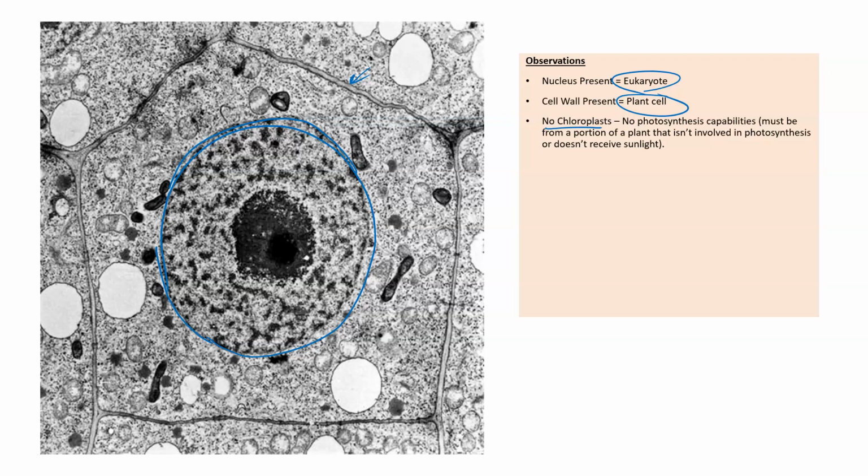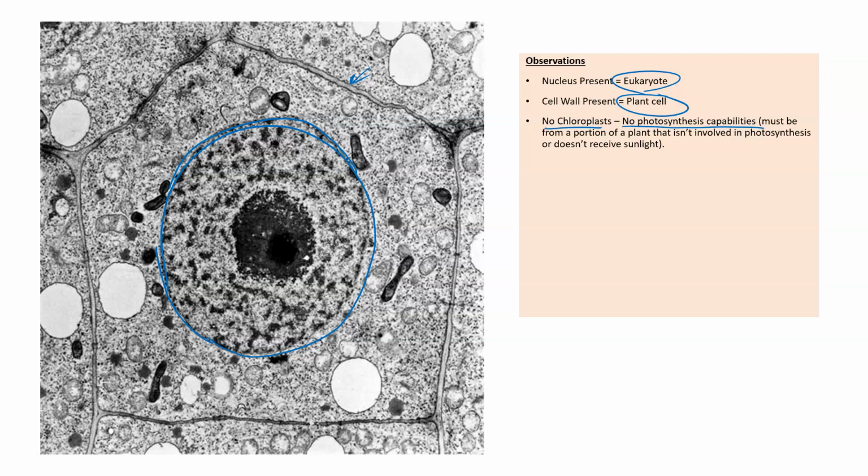Well, if there are no chloroplasts, there's likely no photosynthetic capabilities, right? So it has to be a cell from a plant from non-photosynthesizing tissue. Not all of the plant photosynthesizes. In fact, just the leaf tissue photosynthesizes. There are a lot of other tissues like root tissue, stem tissue, stalk tissue.